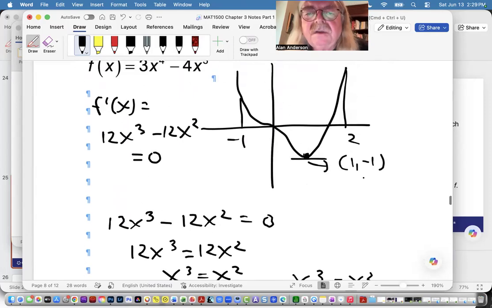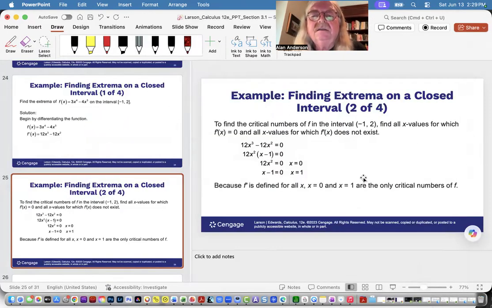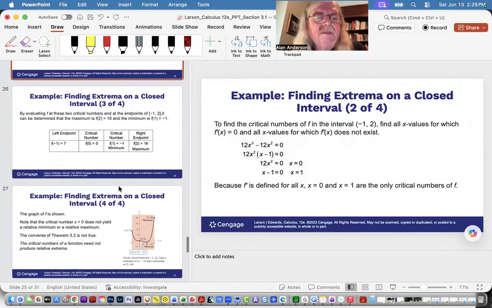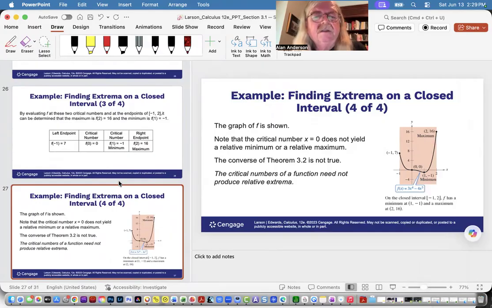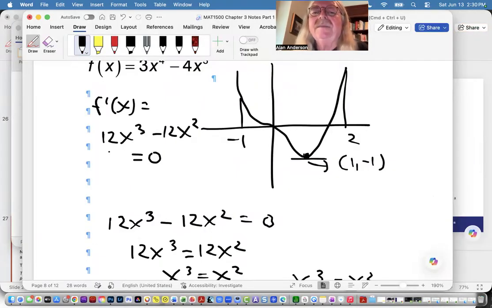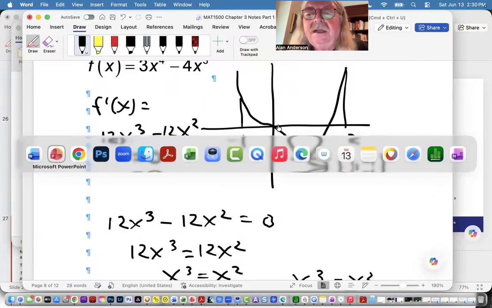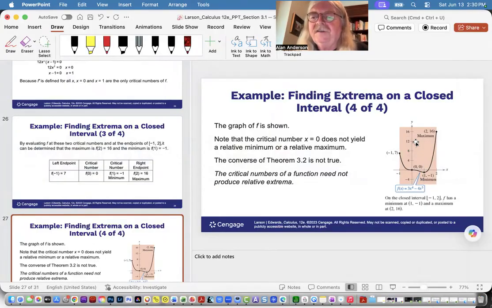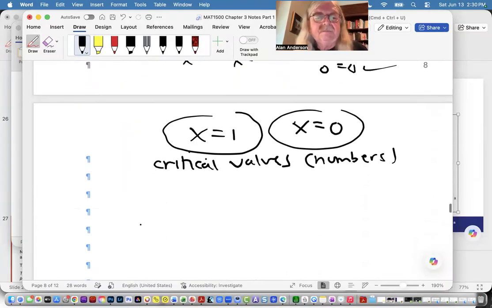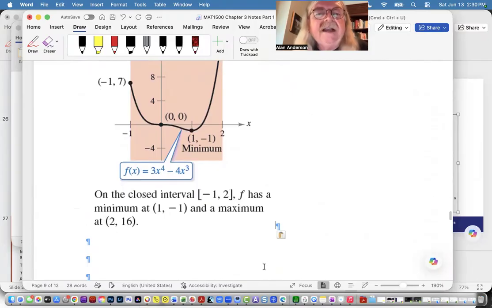All right, so what they want us to do, oh, I see what happened. You know what? I just didn't draw it right. If you look at the actual curve, you can see that the slope is actually zero at that point. Yeah, if you did draw this correctly.